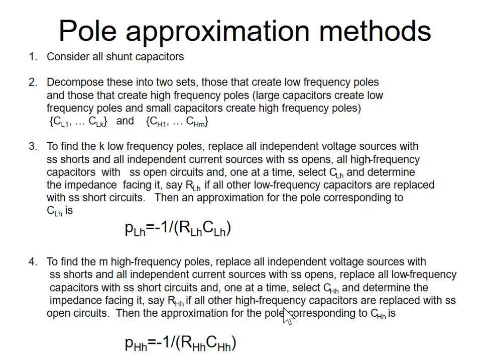So we'll replace the rest of the high frequency capacitors by open circuits. Take those capacitors out one at a time, look at the impedance facing the capacitor, and the high frequency poles then are going to be 1 over the impedance facing that capacitor times that capacitance. So right with me. So now we have an algorithm that allows us to approximate all the poles in this amplifier.